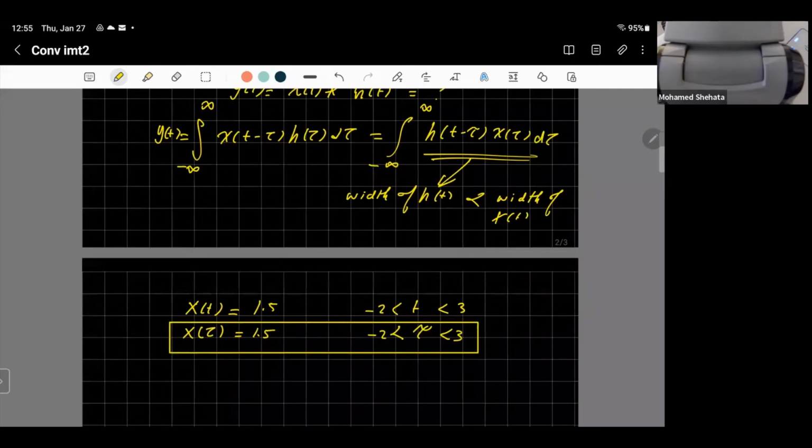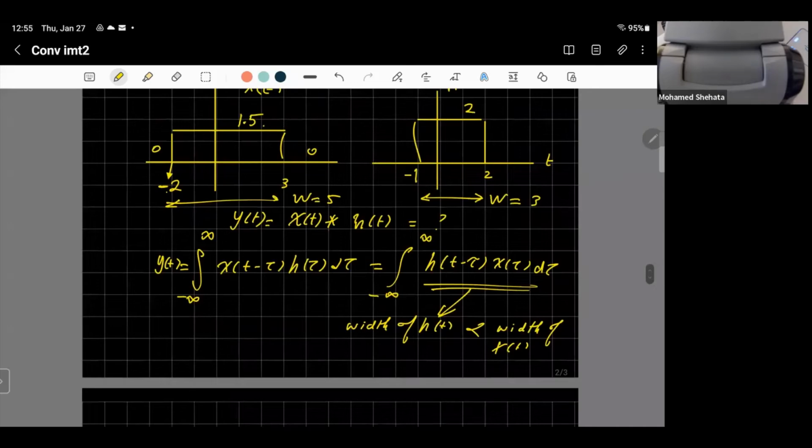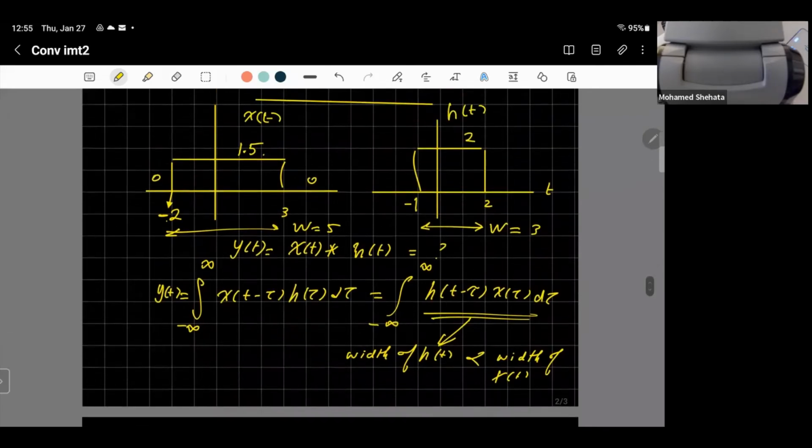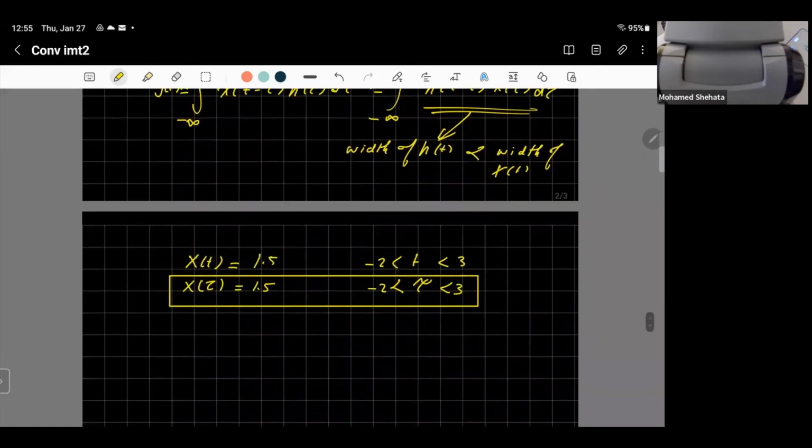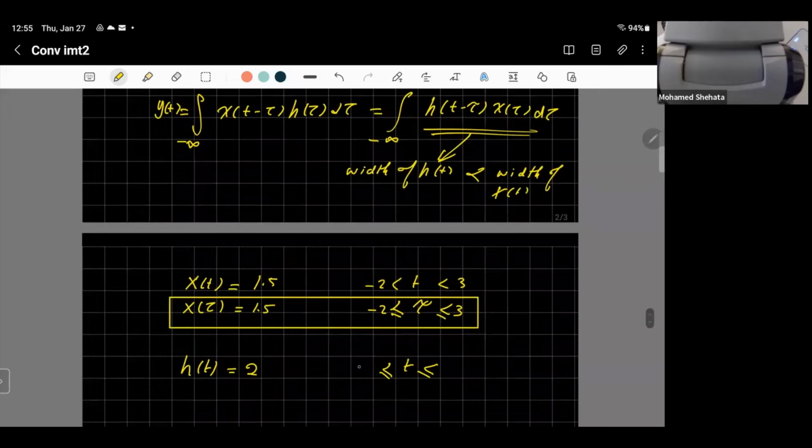That's the first expression. Second expression, h(t minus tau). I go to the sketch here and try to find the expression for h(t) first. It's equal to, for t greater than or equal to -1 and less than or equal to 2.